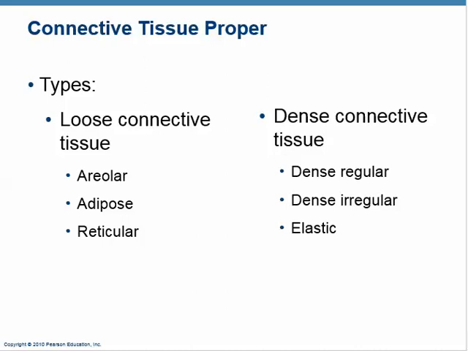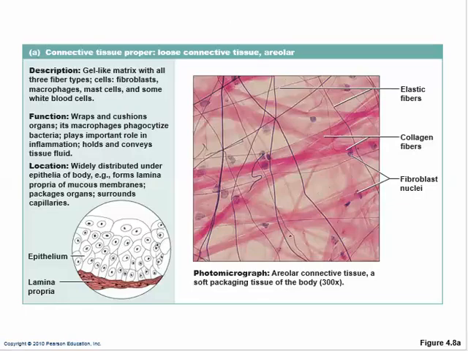Now, when we look at it, the areolar looks like this, and you can see that the collagen fibers are these thick, dark strands. The elastic fibers are these kind of black lines. You don't even actually see reticular fibers in it, and there's relatively few cells. There's more space than there is fiber.